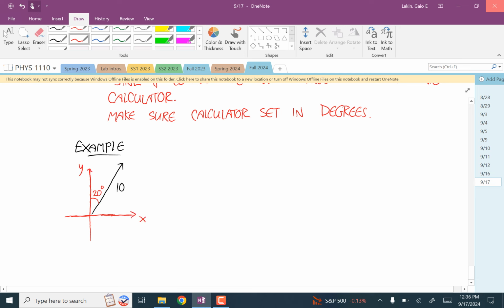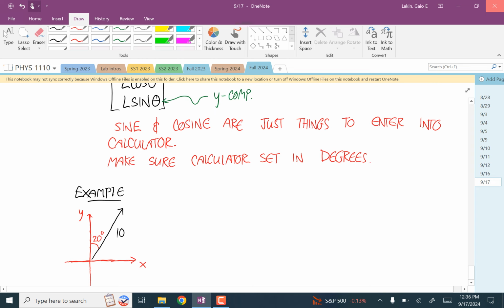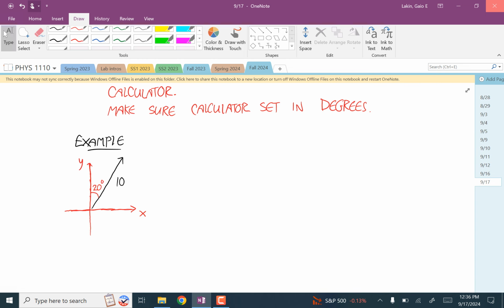Okay. And now, if you look back at the steps, we know this angle is 20 degrees from the vertical to the vector, but what we want to know is, if you start at the positive x-axis, how far do you have to go counterclockwise until you run into the vector? And so what we want to know is this angle.